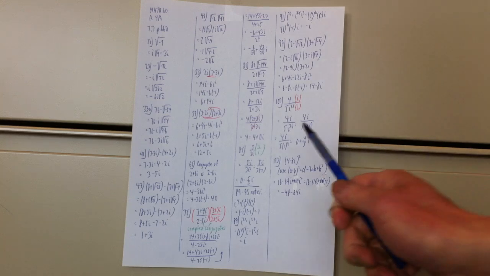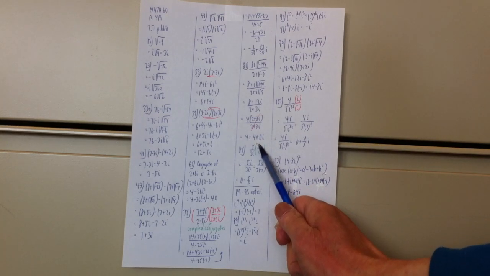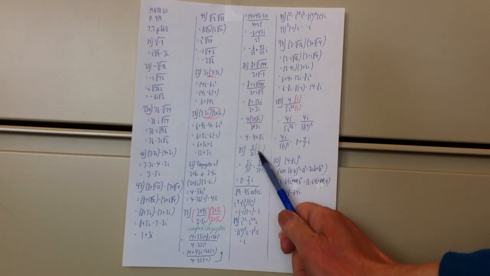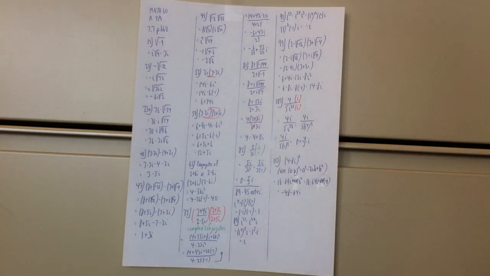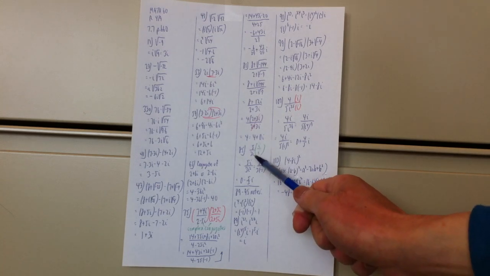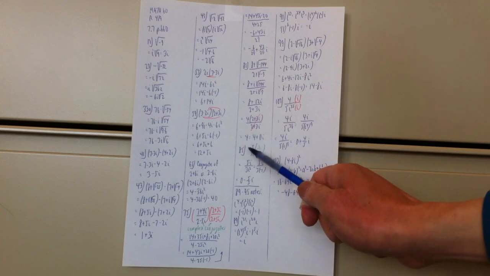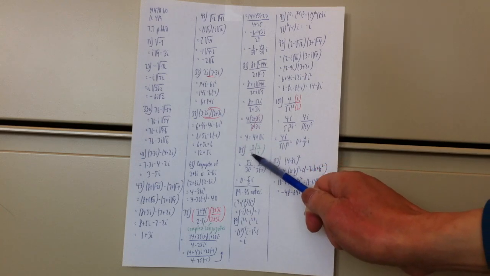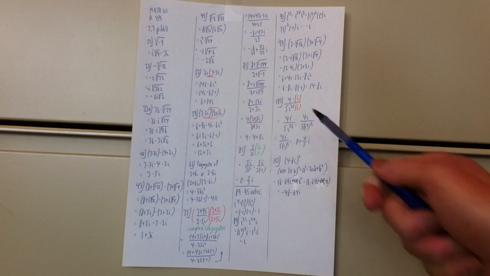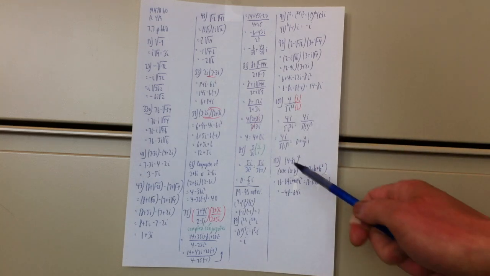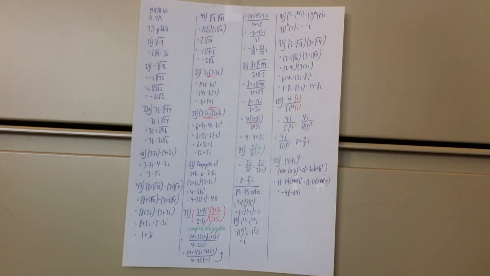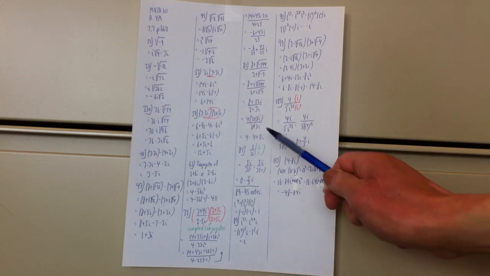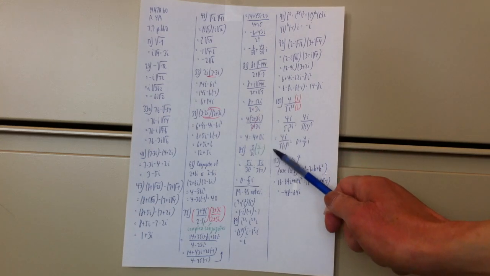85, to rationalize the denominator, the original was 5 over 3i. We just simply multiply the top and the bottom by i. If you think of i as a radical, it's radical negative 1. If you think back to how I rationalized the denominator, let's say if this was radical 2, I would just multiply by radical 2 over radical 2. So since i is a radical, it's radical negative 1, I'll just multiply the numerator and denominator by i.